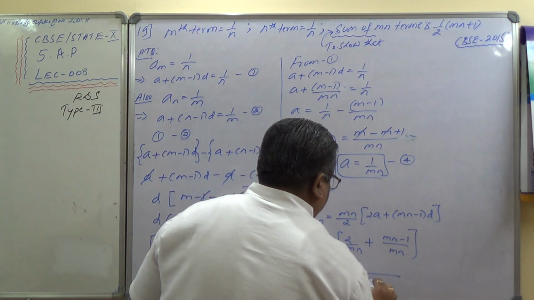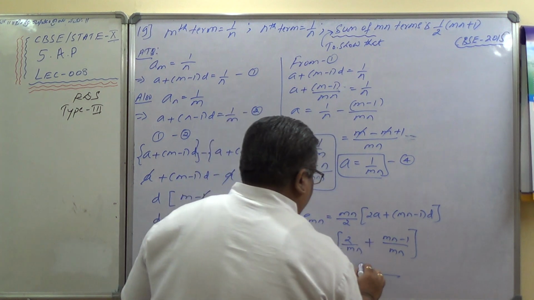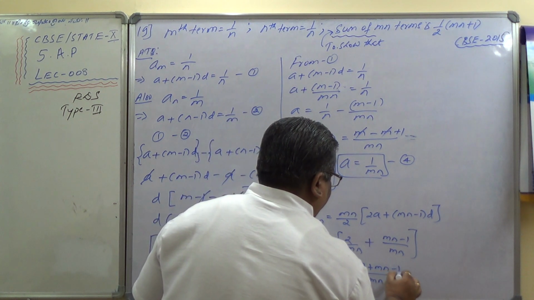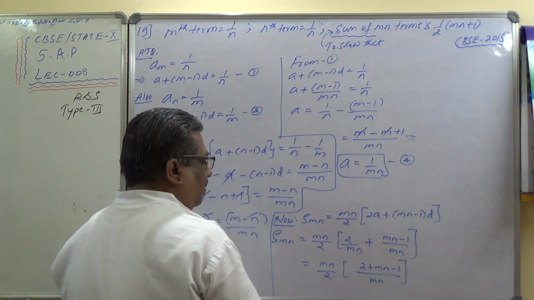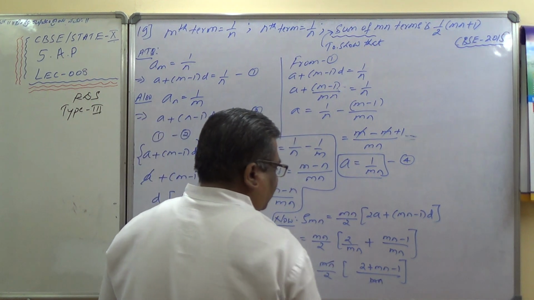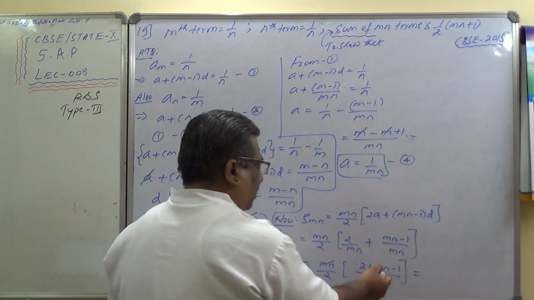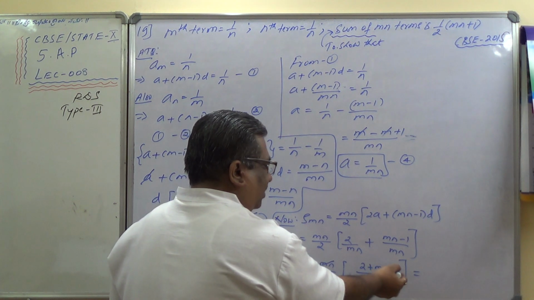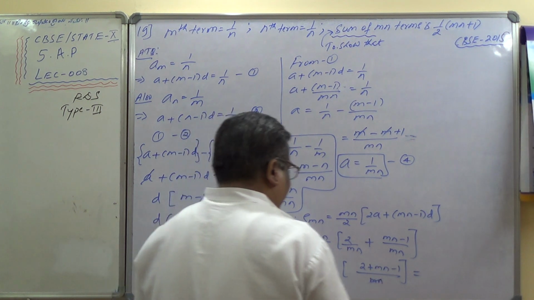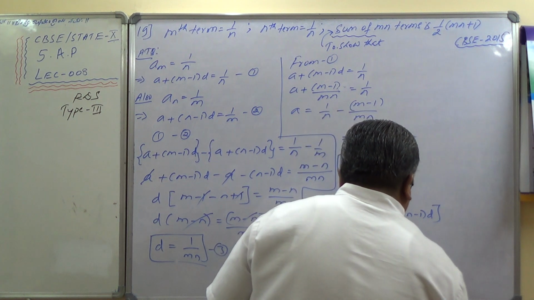Here mn, 2 plus mn minus 1. Okay, this cancels, which is equal to mn, 2 minus 1 is 1. So (mn plus 1) divided by 2.